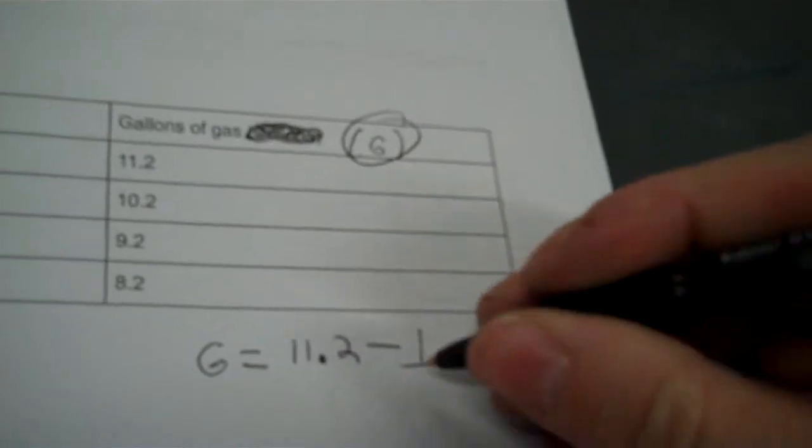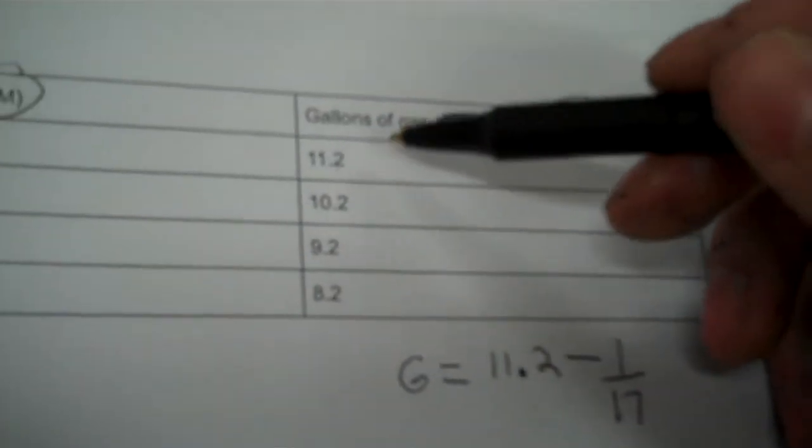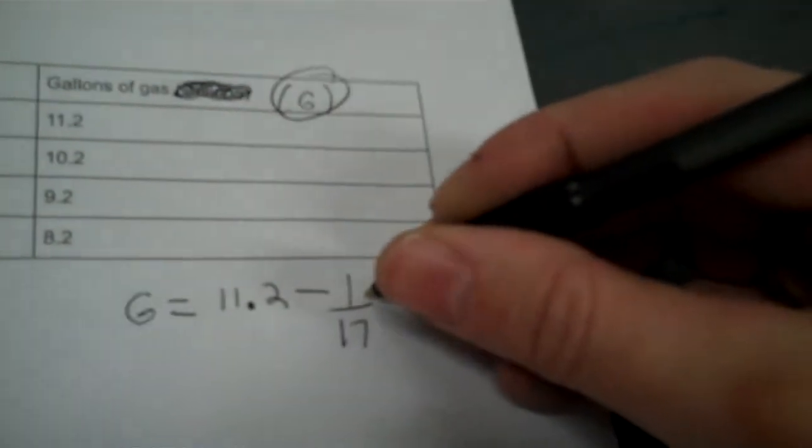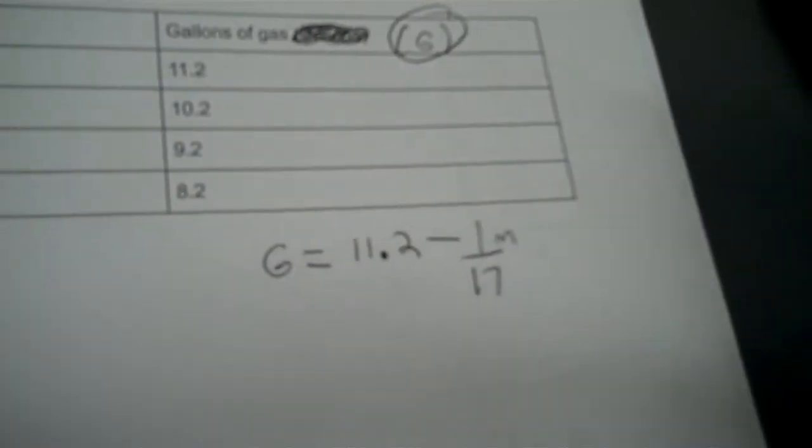Let's go 51, and always start at your highest number when doing this. 51 minus 34, 34 minus 17, 17 minus 0, okay, 17. So the ratio is 1 to 17. You're subtracting 1 every time this goes forward by 17. Now you need to put the m variable. I said you had to have two variables, so you put the m right behind the 1.